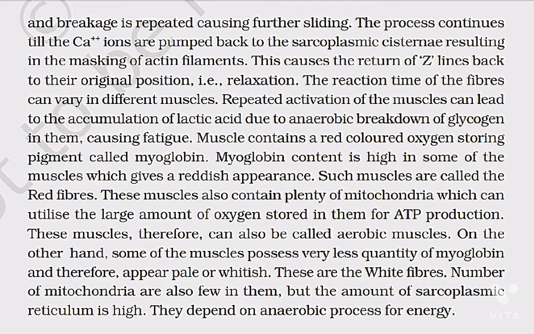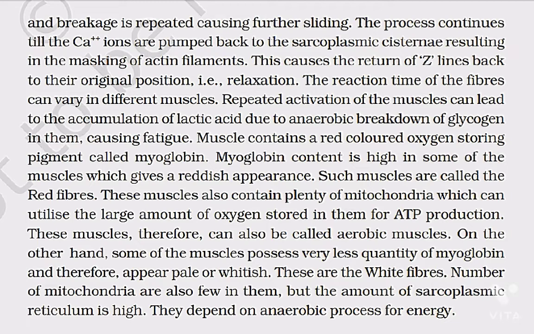The process continues till the calcium ions are pumped back to the sarcoplasmic cisternae, resulting in the masking of actin filament. This causes the return of Z lines back to their original position, that is, relaxation.